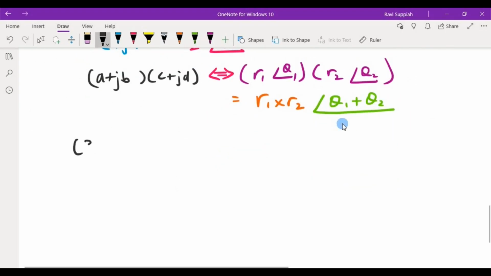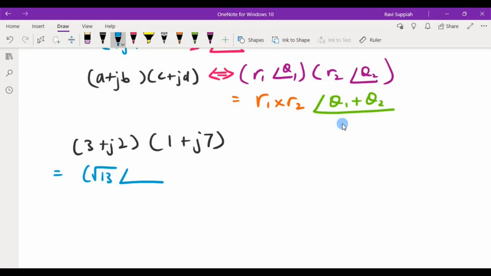So if I have 3 plus j2 and I have 1 plus j7, to multiply them together in the polar form, I make sure that I first do the conversion, which we have already done. So this complex number is square root 13 angle 33.7 degrees, and this number here is square root 50 angle 81.9 degrees.